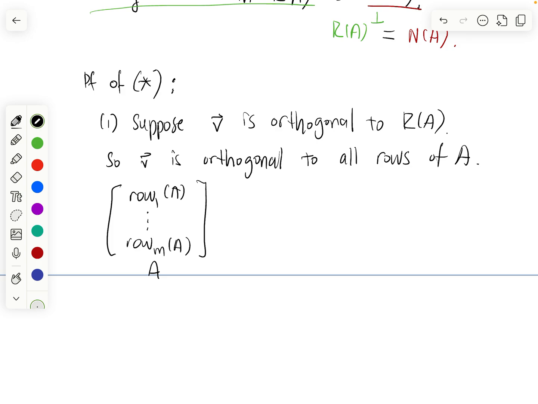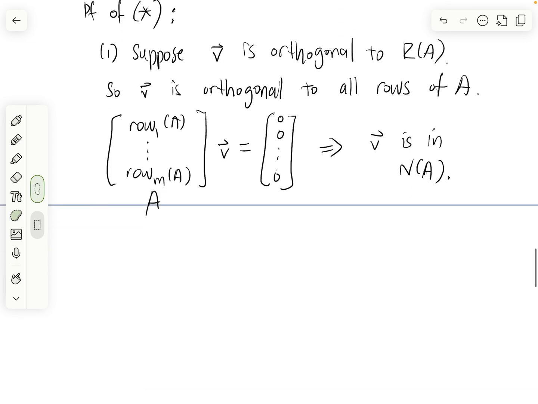If you have a vector that's orthogonal to each of these rows, that means that you get 0 when you take A times V. And so therefore, V is an element in the null space of A, because A times V is the 0 vector. That's what it means to be in the null space of A. Here we're thinking of matrix multiplication in terms of the dot product: the first row of A times this vector is the first component, and so on.